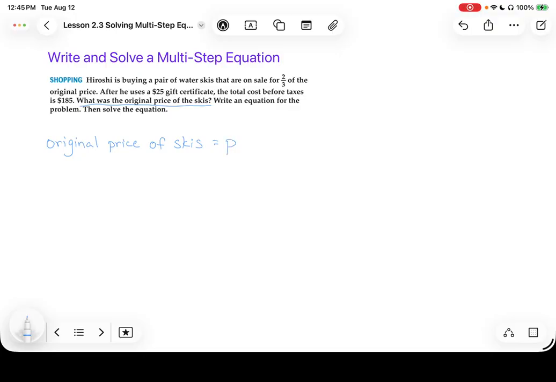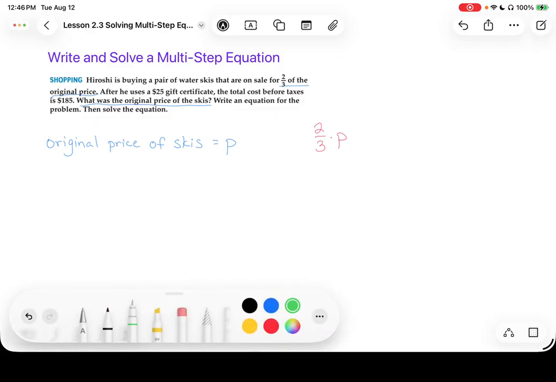Okay, so now we need to write an equation that's going to help us figure out what the original price was. And the words are that two-thirds of the original price, and of means multiply. So two-thirds of the original price is what they're on sale for. But then it says he uses a $25 gift certificate.